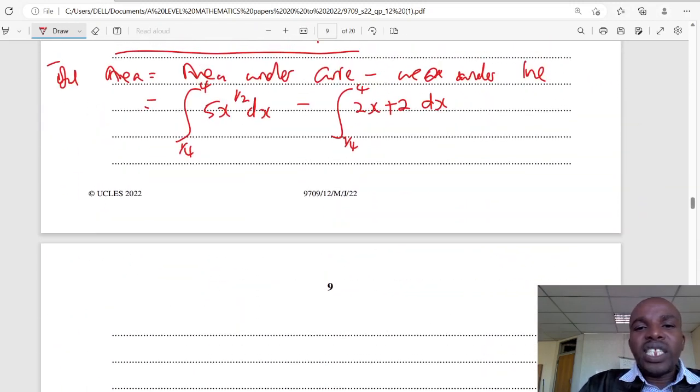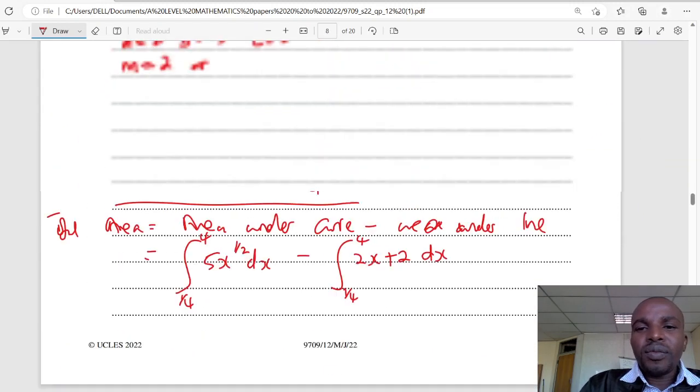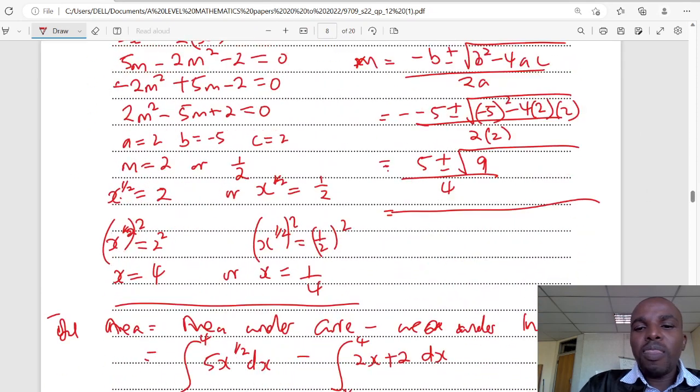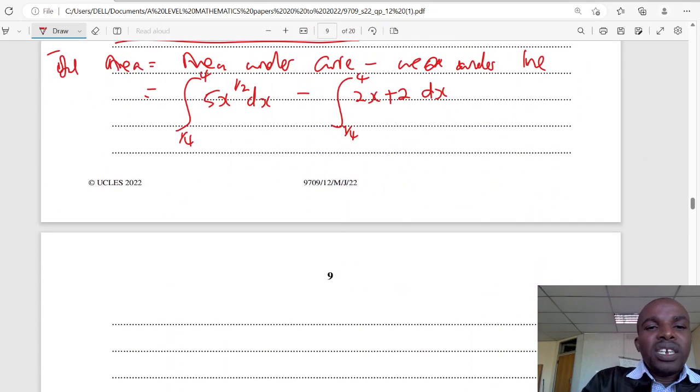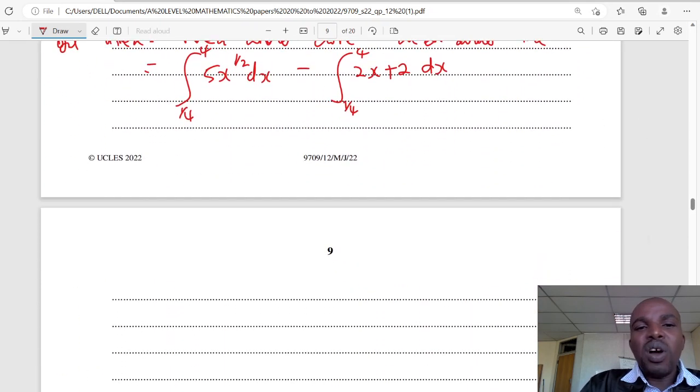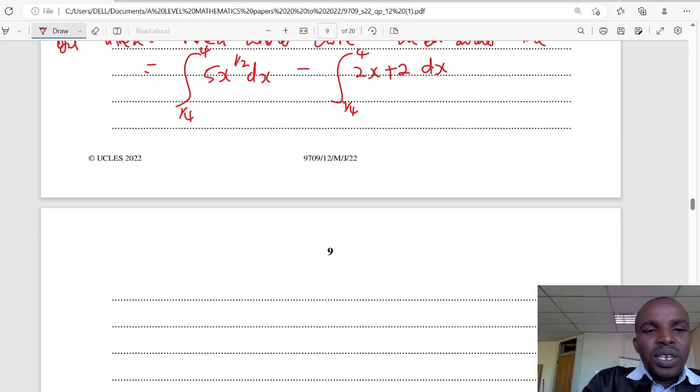Now let's integrate the two items. If you integrate 5x to the power half, you get 5, which is a constant, times 1 over half plus 1, then x to the power half plus 1.